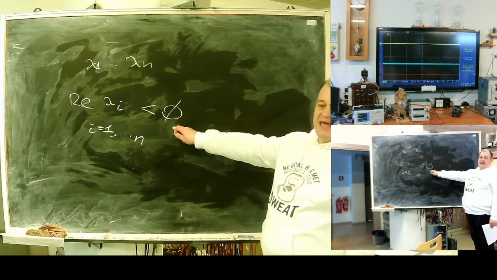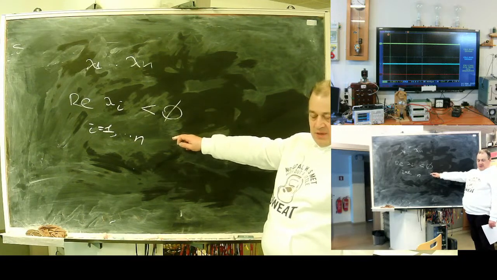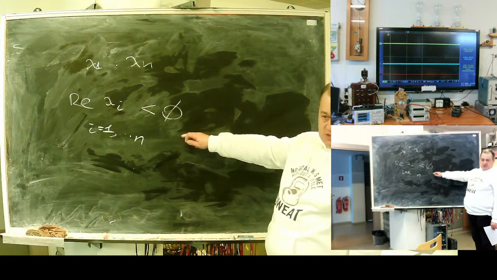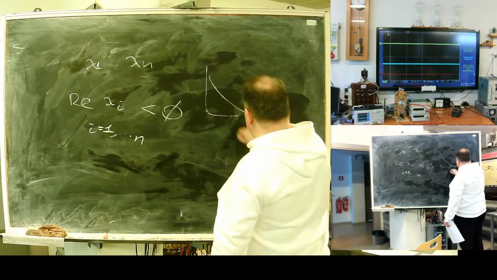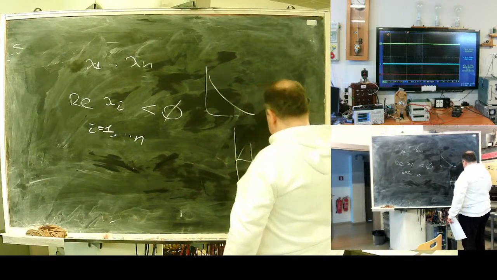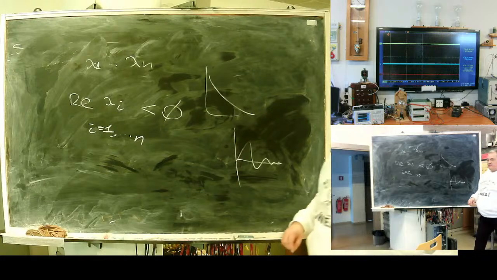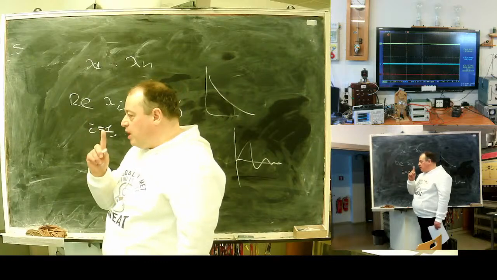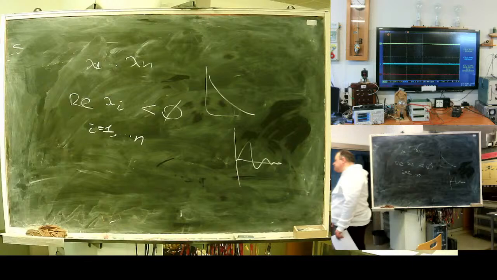This means that under any external impact, the system will return to its initial state. By this way, or by this way anyway, it will return to its initial state. If you have one lambda with a positive real part, your system is not stable.